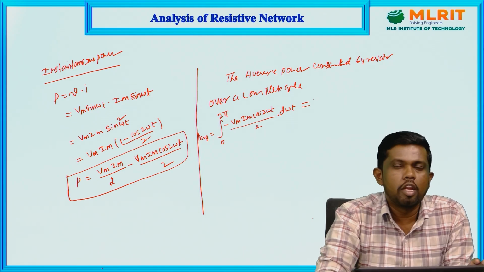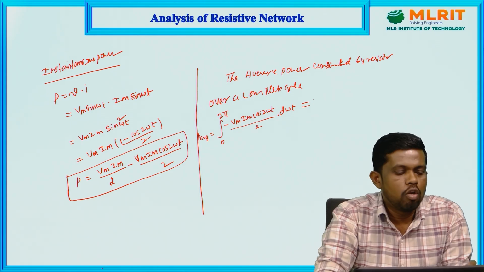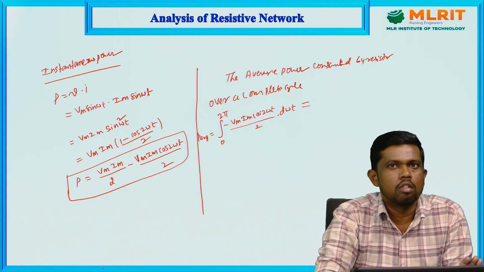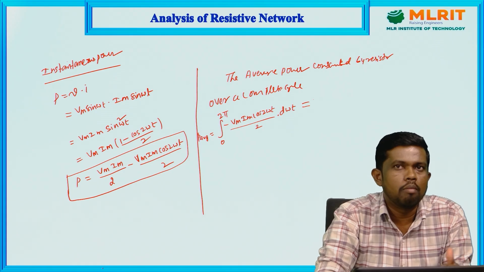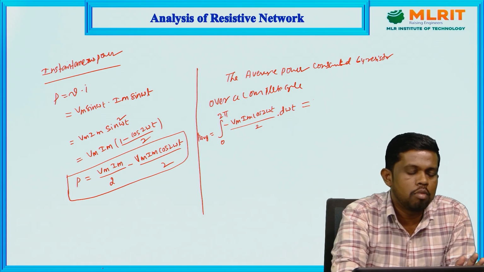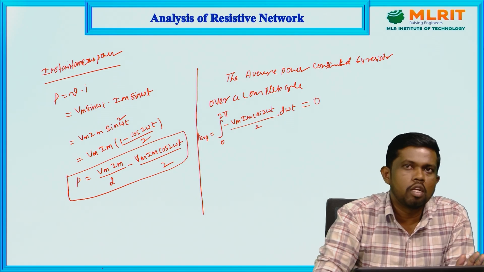So the instantaneous power consists of two parts, one constant and one variable. The variable term is a cosine function with double the frequency, so its average value becomes 0.